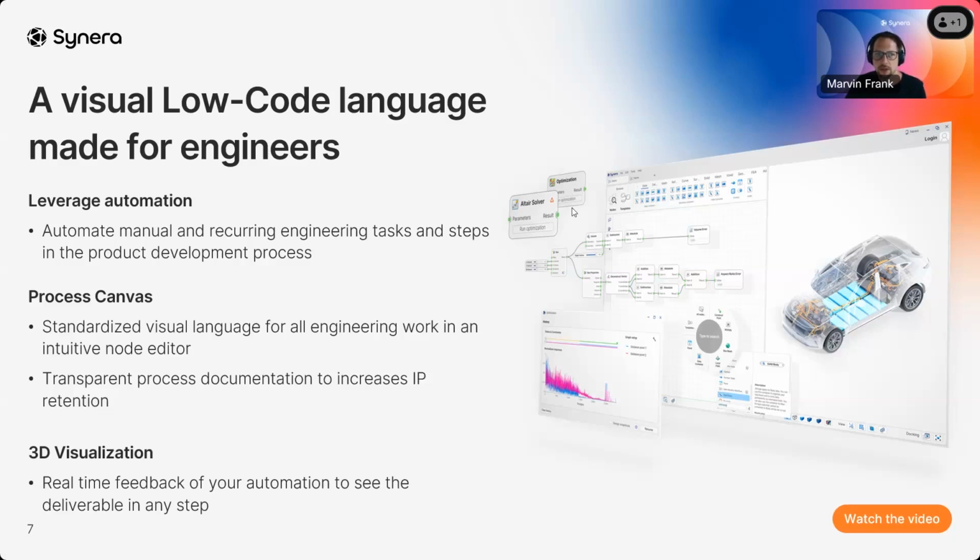That allows us to create a digital workflow on the canvas that you can see here in the user interface. We still see our part on the right side. Everything is still visible, but on the left side, that's where we work 90% of the time, and that is where we create this workflow.